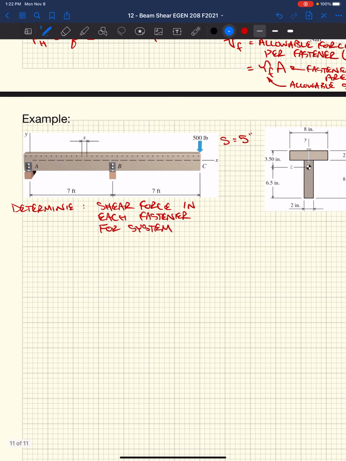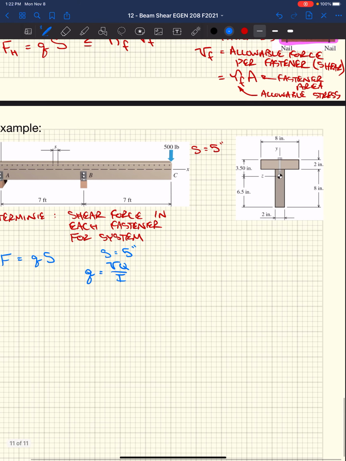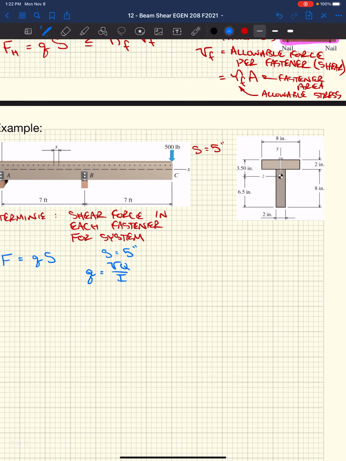Well, we know that the force in each fastener is our shear flow times the spacing. We know our spacing is 5 inches, I'm giving you that. Our shear flow is VQ over I. If we look at I for this cross-section, that gave us the neutral axis of this cross-section.